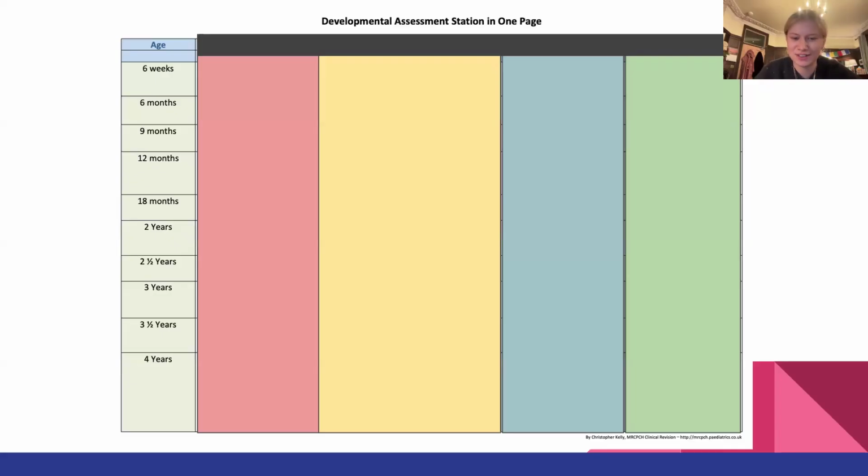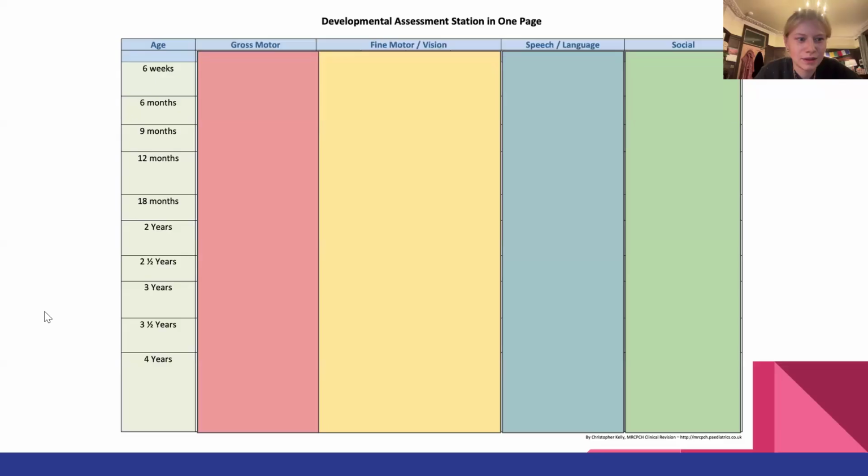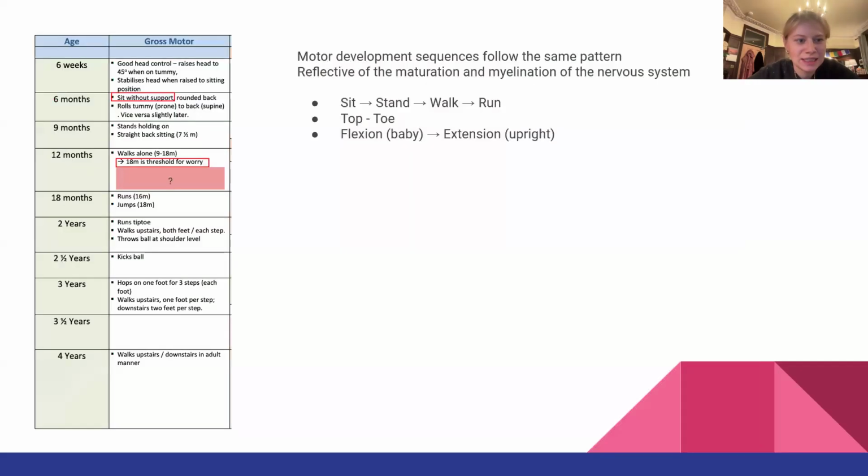You don't have to answer it. If you'd like to, please contribute. But if not, we could do this rhetorically as well. So the 4 areas that we're going to cover today are gross motor, fine motor and vision, speech and language, and then social. So there are 4 groups of milestones that children have to hit at certain ages, and we'll go through them.